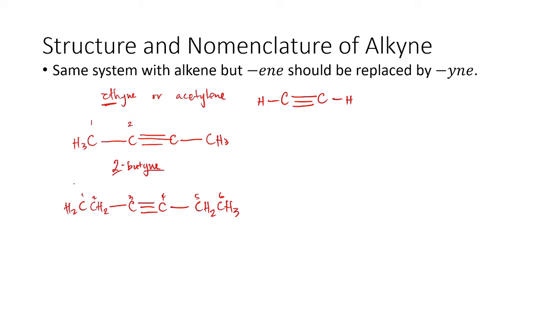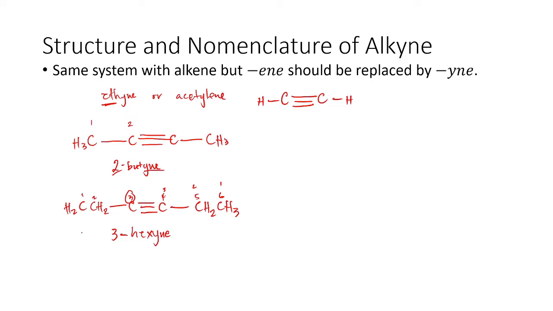If we start here at the left, it will be 3. And if we start here from the right, we have 1, 2, 3. Same, we have 3. And we have 6 carbons, so that will be "hex". And instead of "-ane", we will be using "-yne". Giving the lowest position, we have here 3-hexyne.